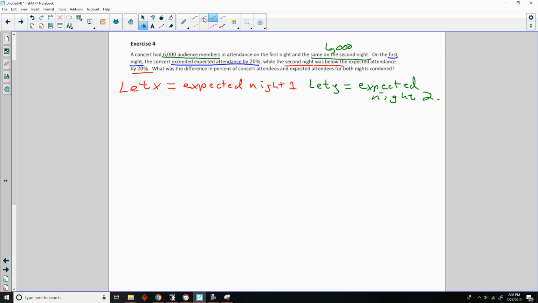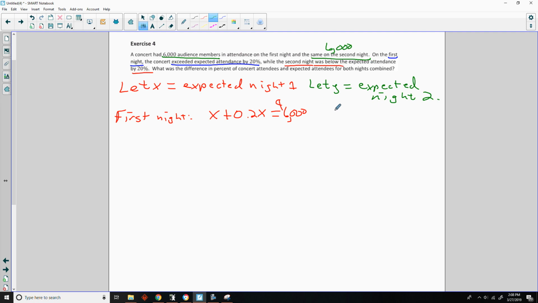Okay, so the first night, let's go back to red. On the first night, the concert exceeded expected attendance by 20%. So first night, we can say that the expected attendance was exceeded by 20%, and that equals 6,000.